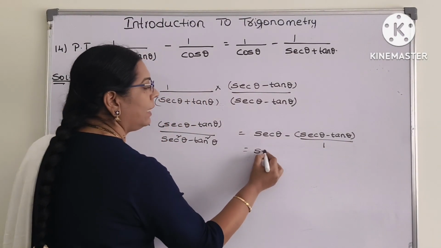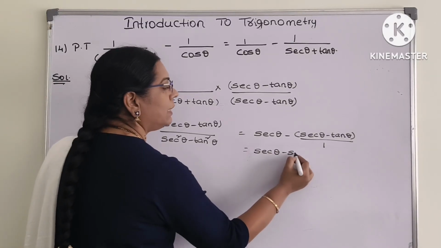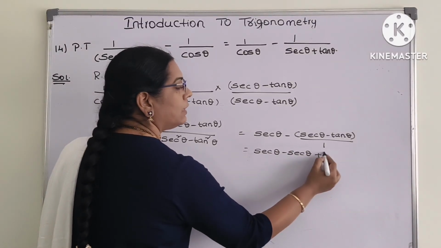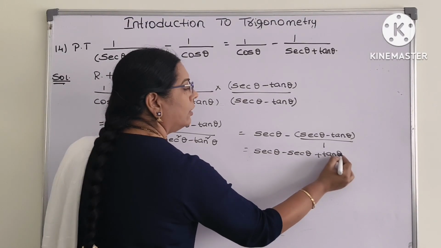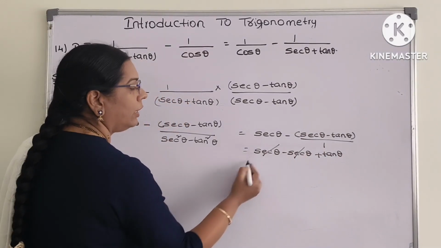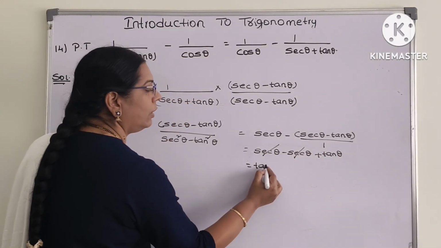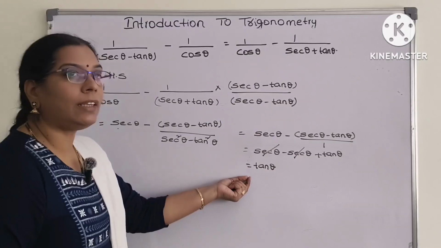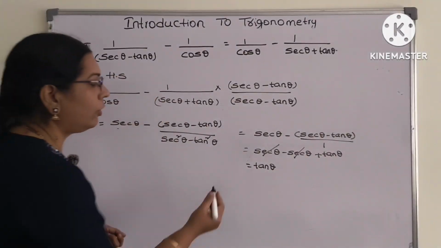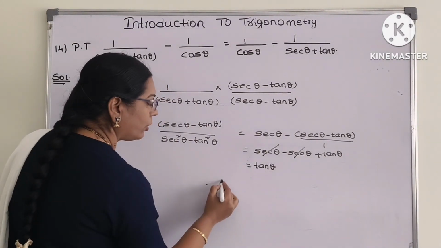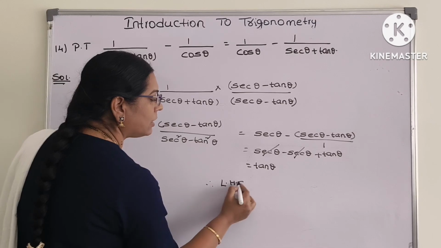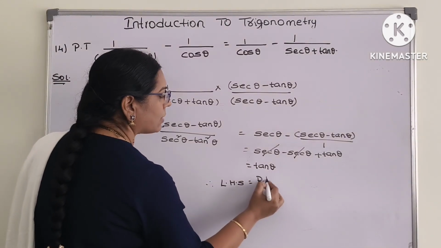So it is secant theta minus secant theta minus, into minus, it will be plus tan theta. Since 1 you can ignore, so this is your tan theta. And what is tan theta? When we simplified the LHS, we got the same answer. Therefore, you can say LHS is equal to RHS.